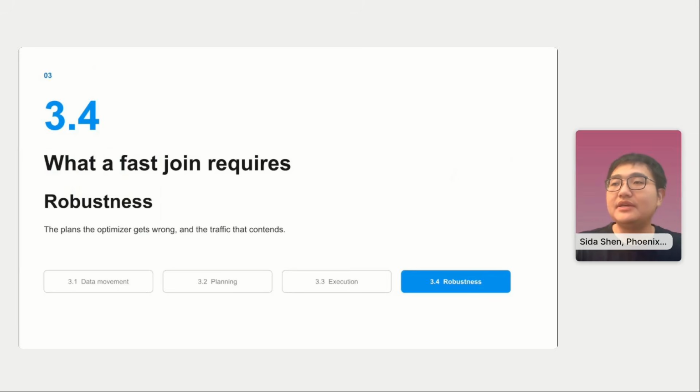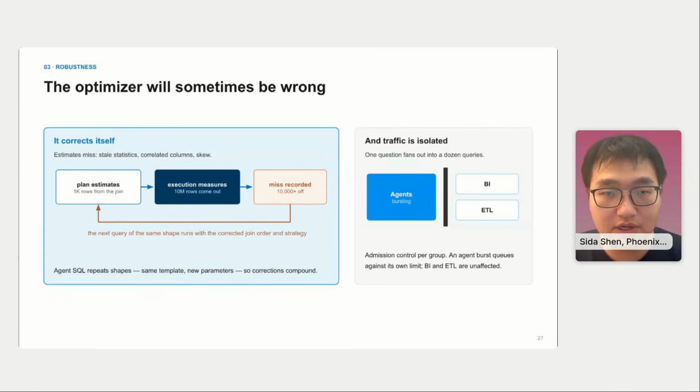Okay, then there is robustness. This is more nuanced. The database needs to correct itself. It has your planned estimates, and then it actually runs on the actual data, and it needs to see how much the optimizer messed up.